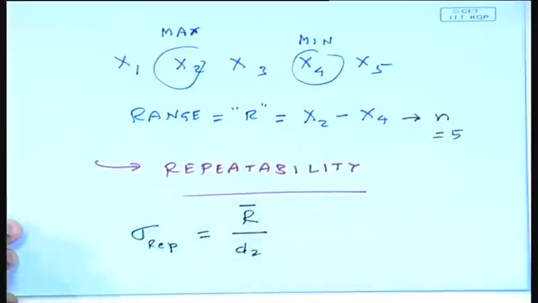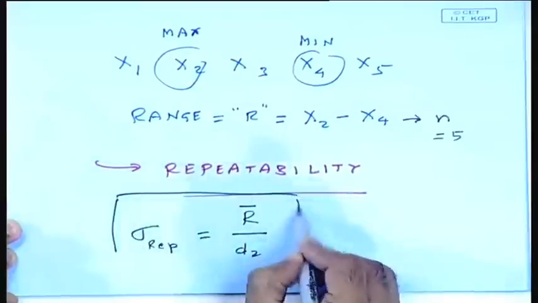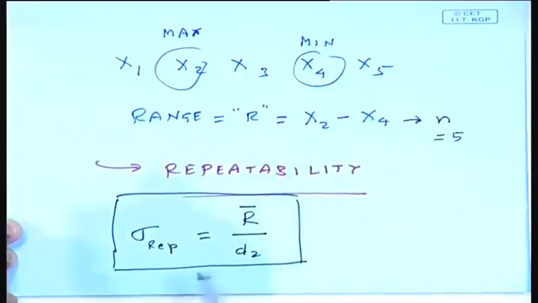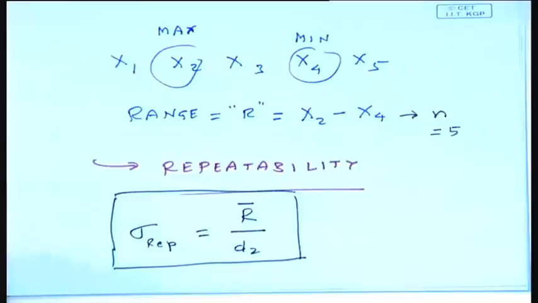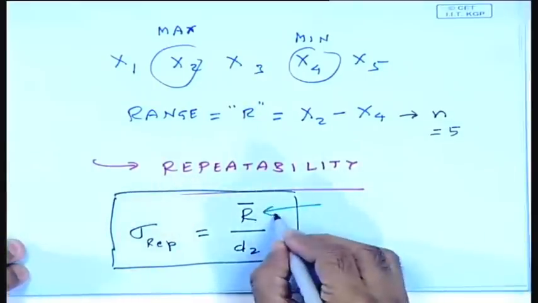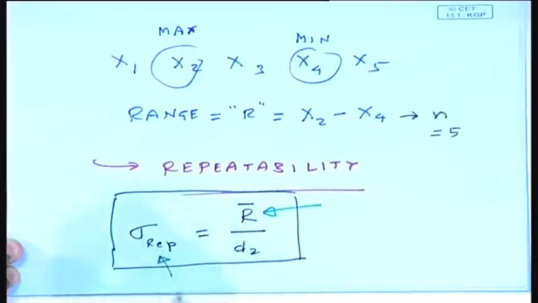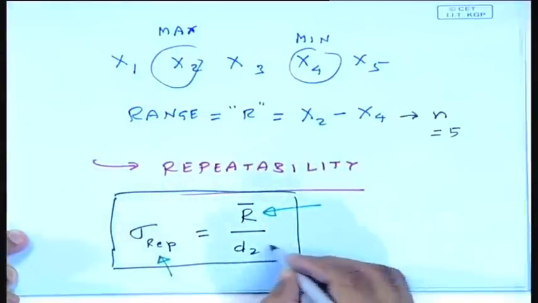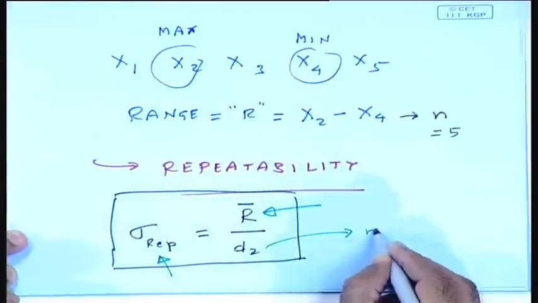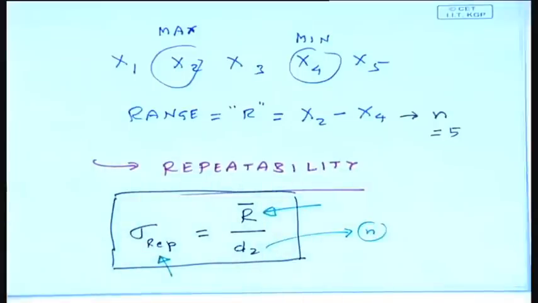This is the formula which allows you to start from range and determine sigma. The unknown here is D2. D2 is a constant, and it depends on n, the number of times you made measurements.